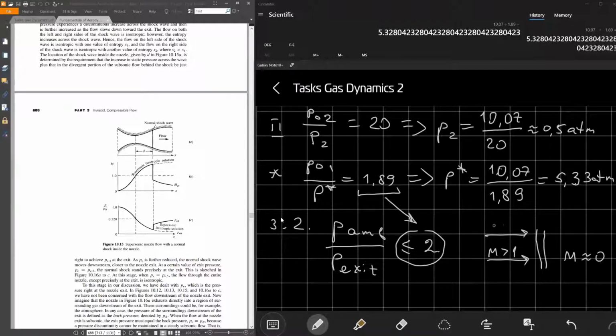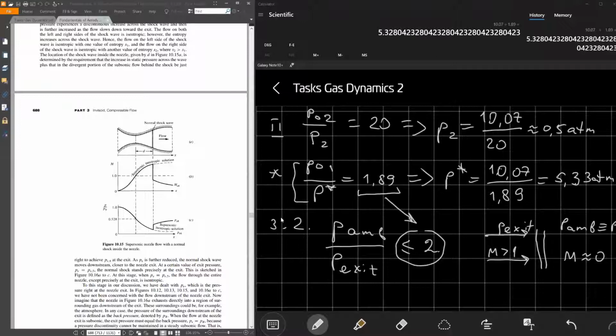So the pressure at the exit is on this side, and on this side the pressure is ambient, and this is the same as pressure P0, the stagnation pressure, since the flow is basically stopped after the normal shock wave. It's very close to 0 velocity. So the pressure is close to the ambient pressure, and it becomes similar or reverse to this definition here.